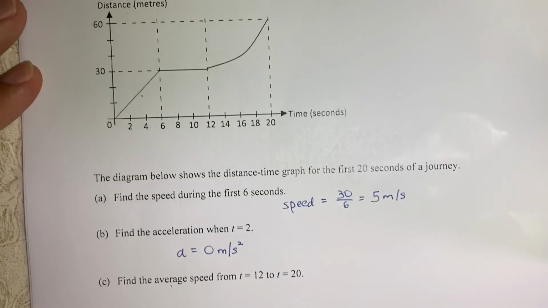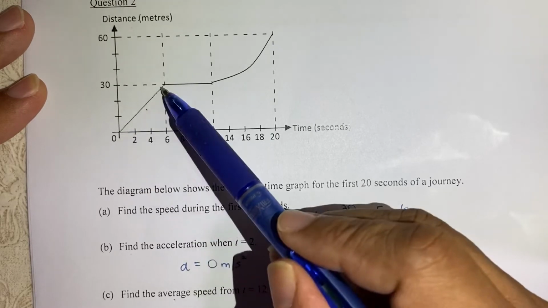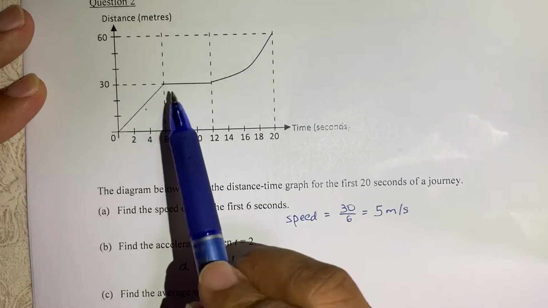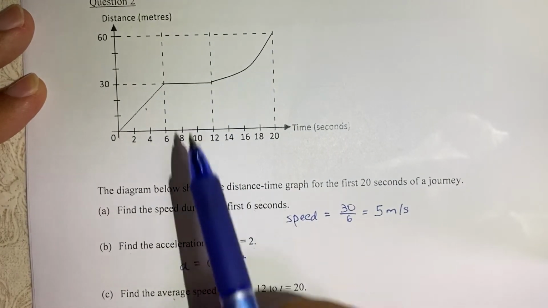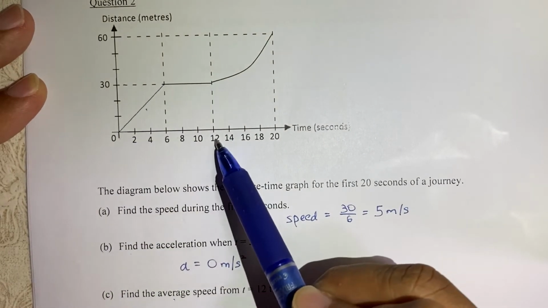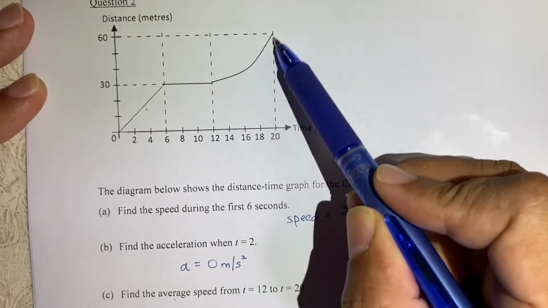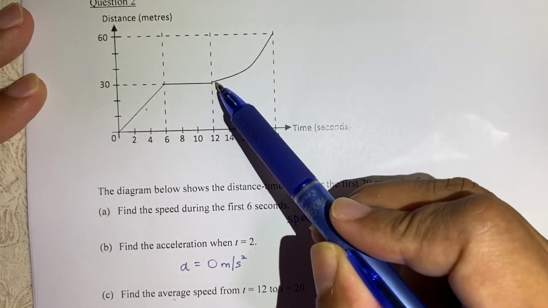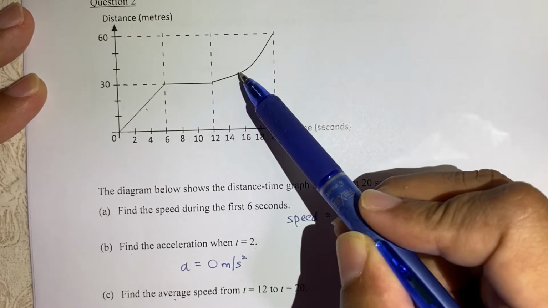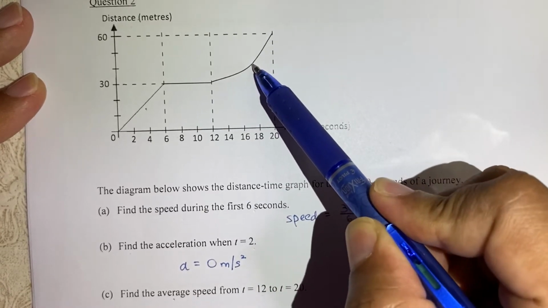This is a constant speed, 5 meters per second. This is 0 because there's no change in the distance. And from 12 onward, this is what we call a concave curve. That means that the speed is increasing, and that means that there's an acceleration here.